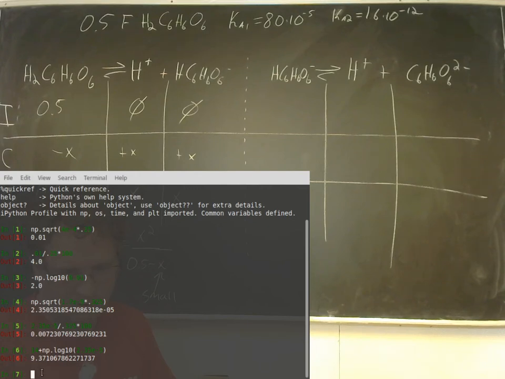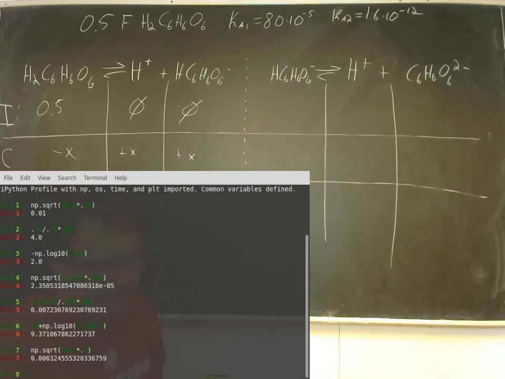And so we want to take the square root of that Ka1, 8 times 10 to the negative 5th, times the initial concentration of 0.5.